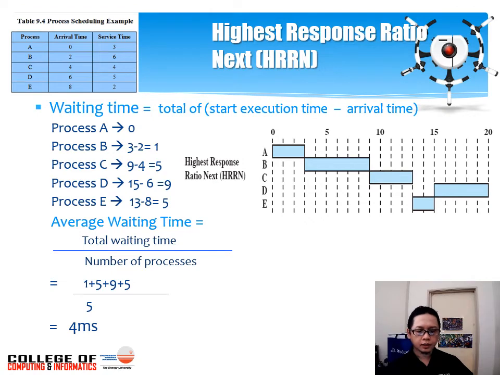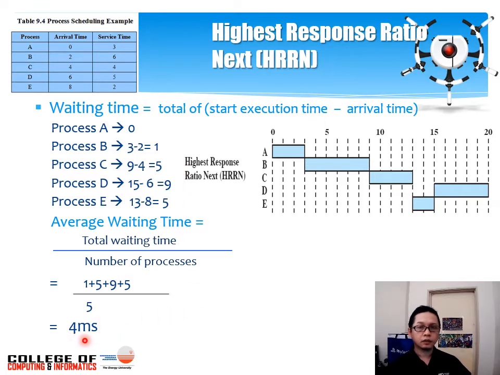And after that, just like before, you need to calculate the average waiting time for the processes. So again, you do the calculation for the waiting time, which is the arrival time of the process compared with the actual time the process gets service. So you will get this number, 1, 5, 9, and 5, divided by 5.